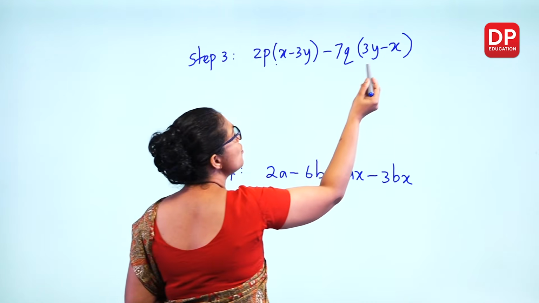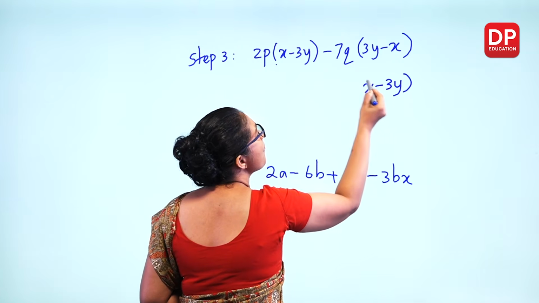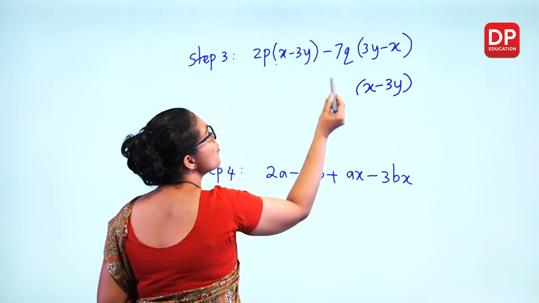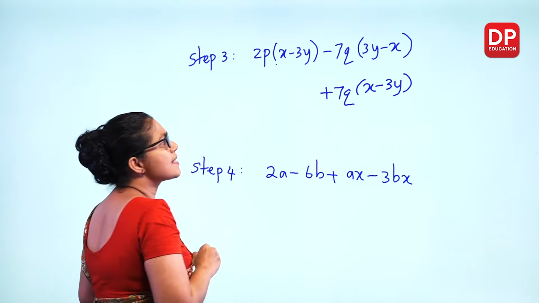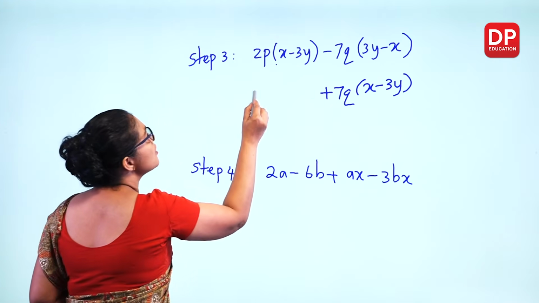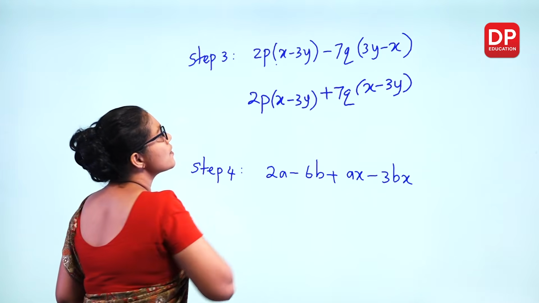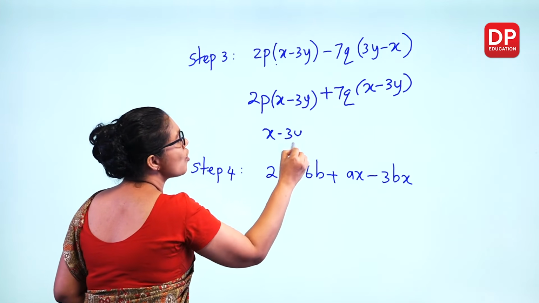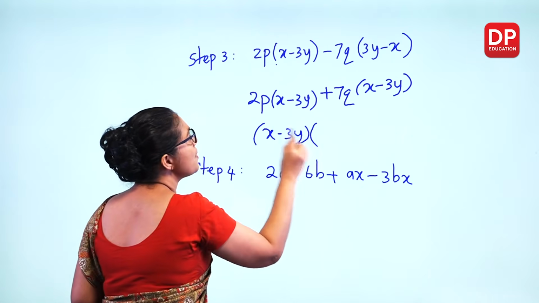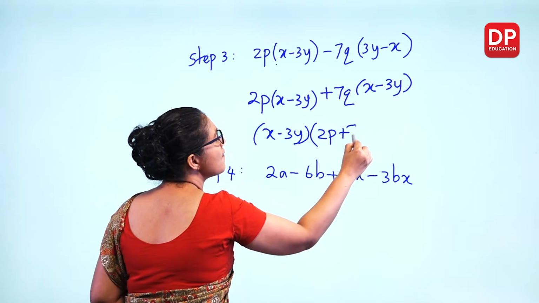I can switch the two letters and take minus out. So when I take minus out, I can write this as plus 7q. But you can write the other one as it is. So now I can see x minus 3y is common. Take it out. What's remaining? 2p plus 7q.